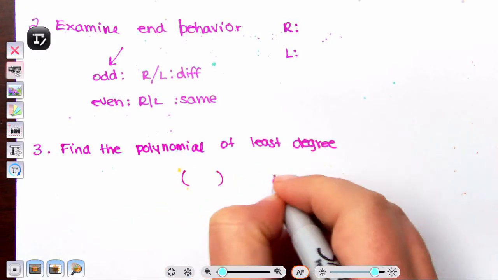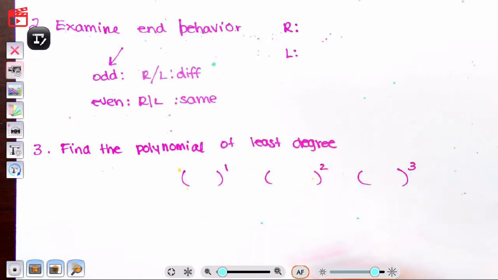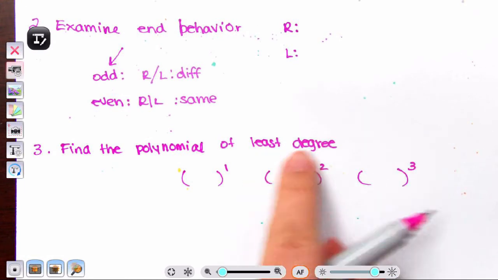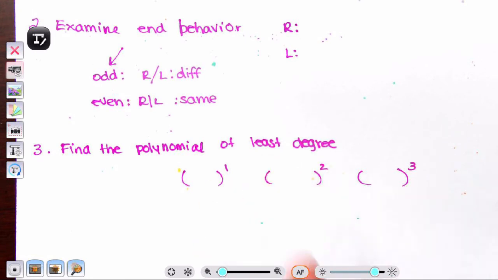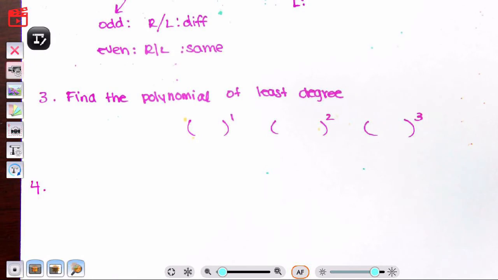When you have your exponents, you're going to stick with 1, 2, and 3. Yes, you can have a polynomial with a degree of 9. We're not going to do that. We're going to try to write an equation with the least degree. We are not computers. We're just going to generate what the basic is.